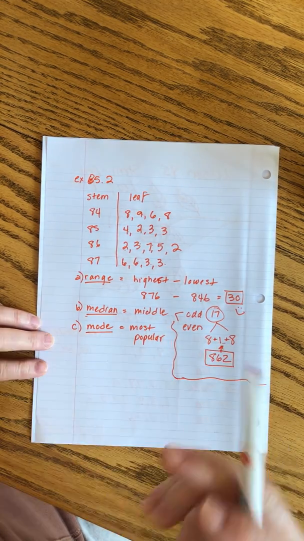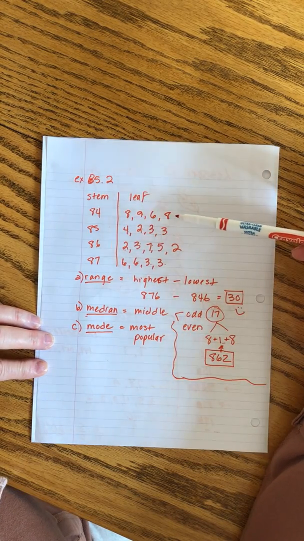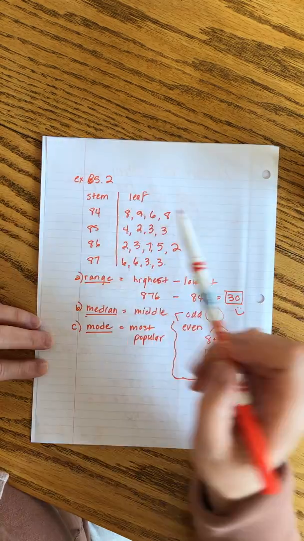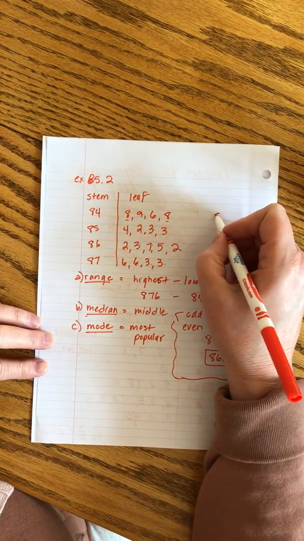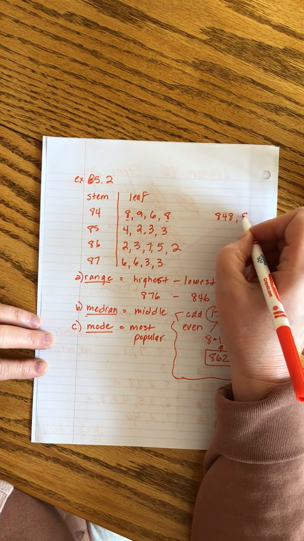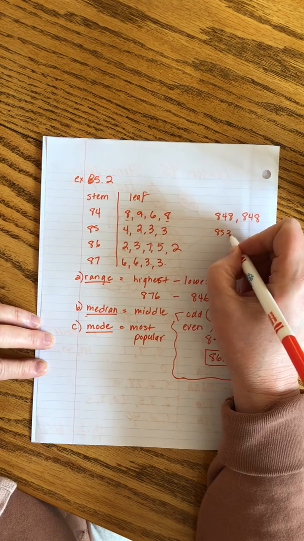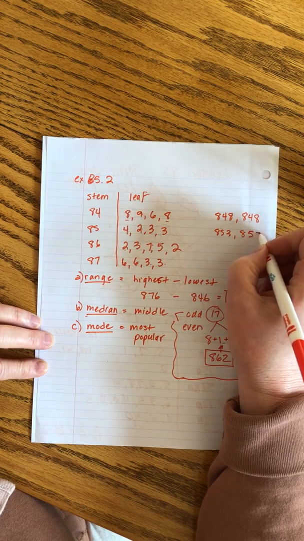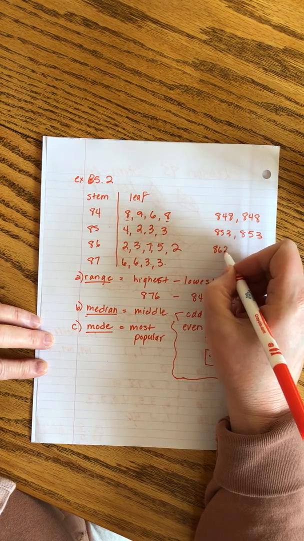Okay, the most popular, it's going to have the same stem, so I'm looking for the number that has the most repeats in the leaf section. So here I see 2 8s, so 848. There are 2 of those. I see 853 shows up twice. I see 862 shows up twice.